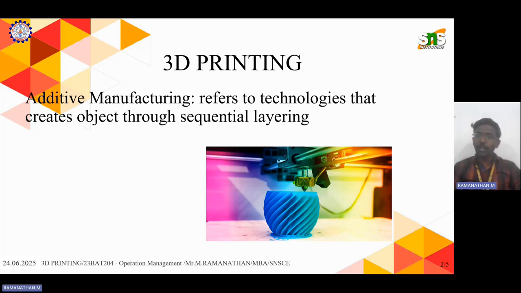That software will build that object with the material you have loaded in the machine, layer by layer, and that product will be made. This is what 3D printing is all about: a three-dimensional printing of an object or a product.